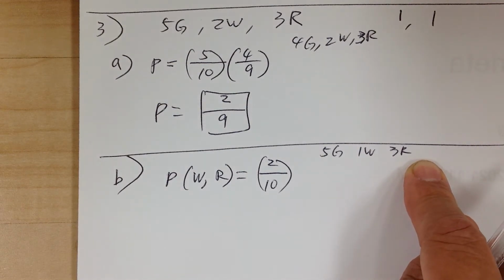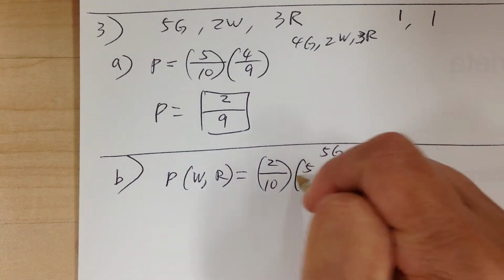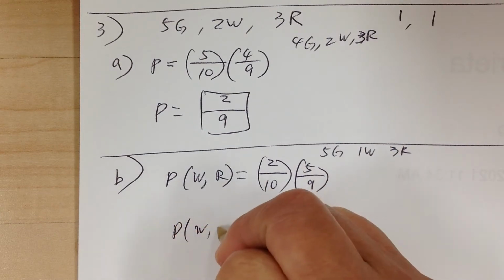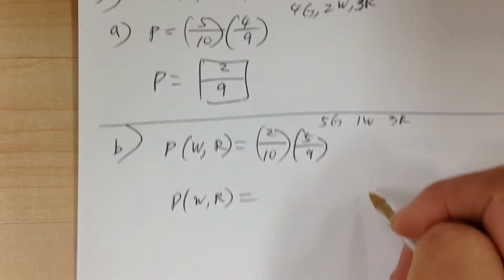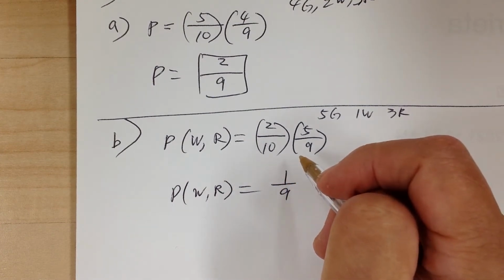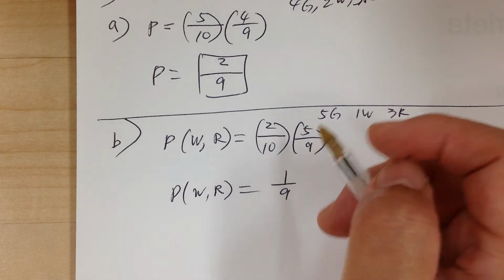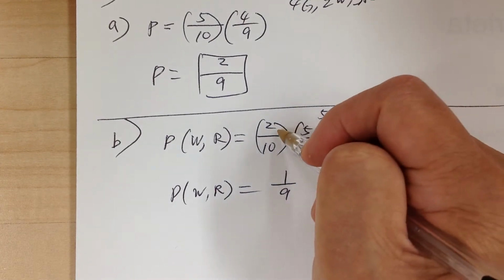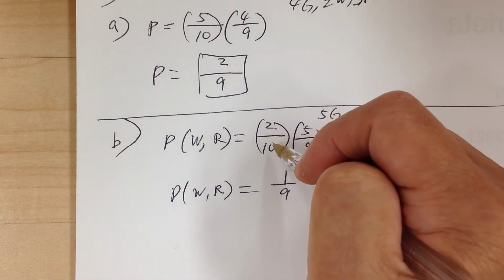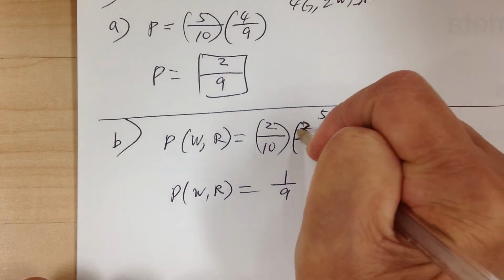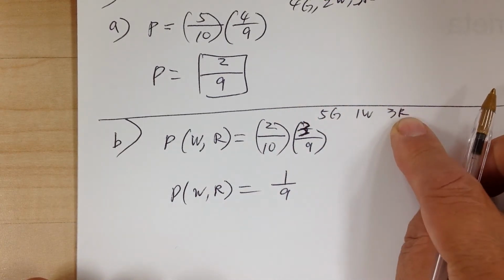And the second jersey is red. So the next jersey is red, so it would be 5 out of 9. Hmm, red is 3, so the second jersey is red, 3 out of 9.